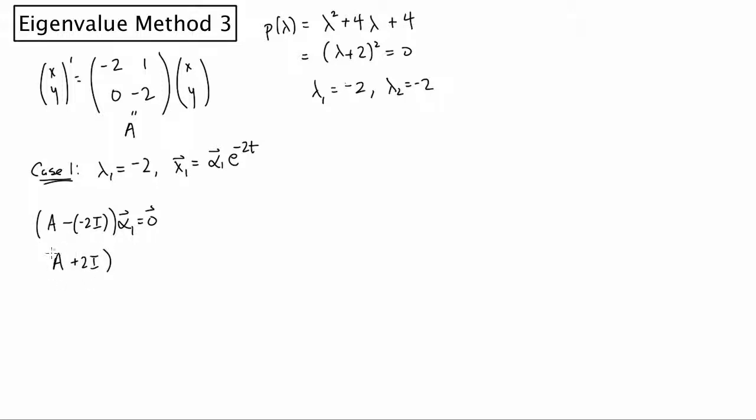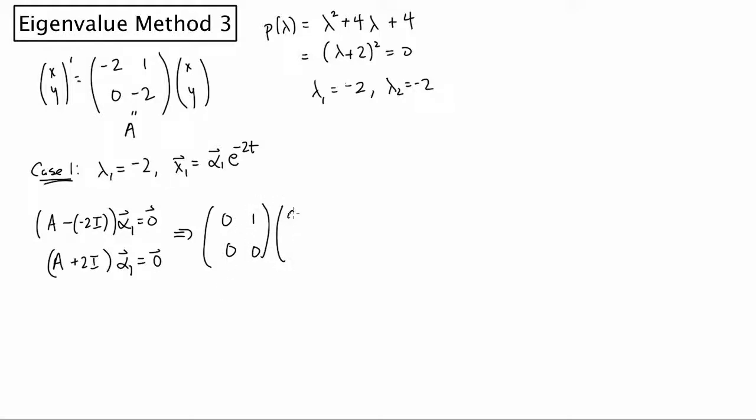Because this is a negative eigenvalue, I'm adding 2 to all of the diagonal elements. If you take the matrix A and add 2 to those elements, you get 0, 0, 0, and 1.